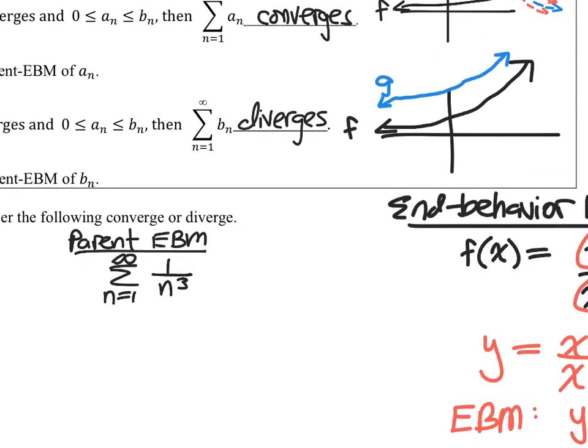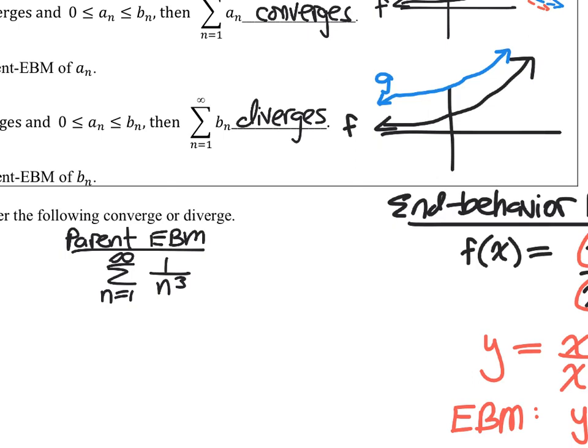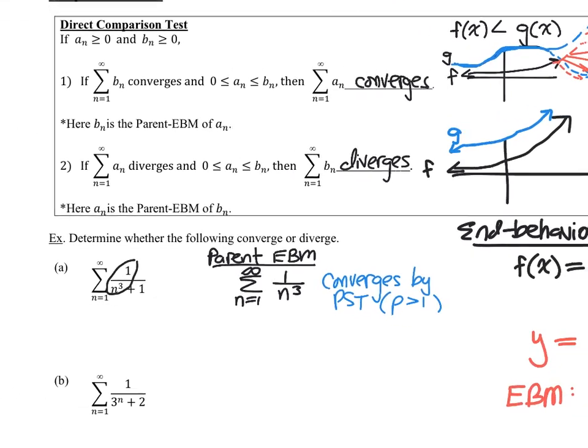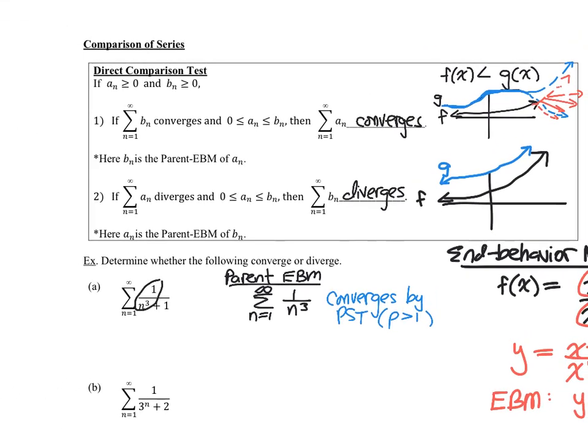All right. This parent function, would you say it converges or diverges? Converges by what? P-series test. By the p-series test, and specifically the case where p is greater than 1. So we're in the first category, a converging situation.